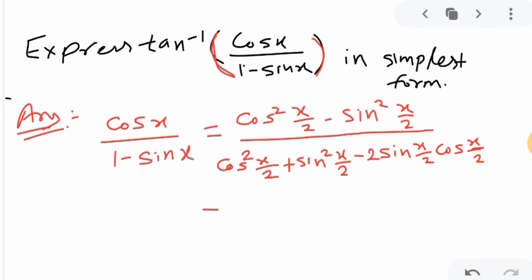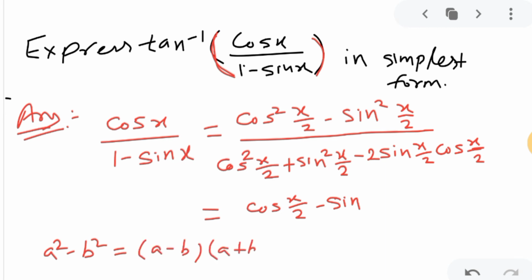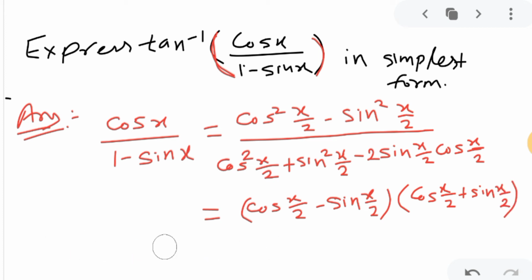By doing this, what will happen? The numerator is cos square x upon 2, which I can write as cos x upon 2 minus sin x upon 2 into cos x upon 2 plus sin x upon 2, using the a square minus b square formula, a minus b into a plus b.